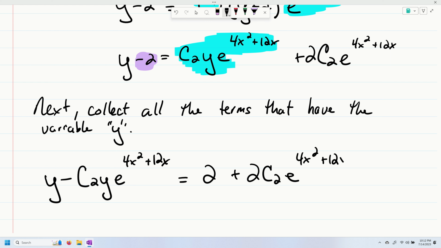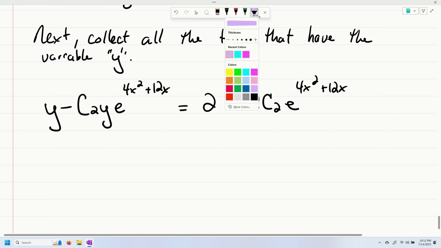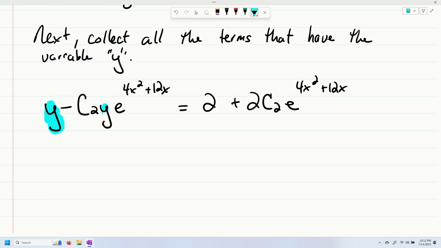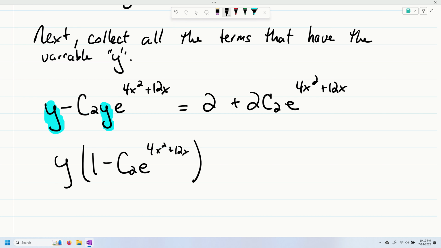And now, notice, I have the variable y and a variable y, which means I can factor it out. So there we go. I just factored it out.